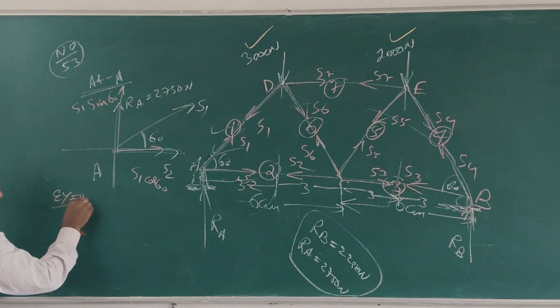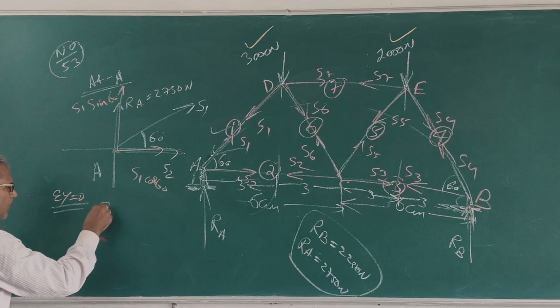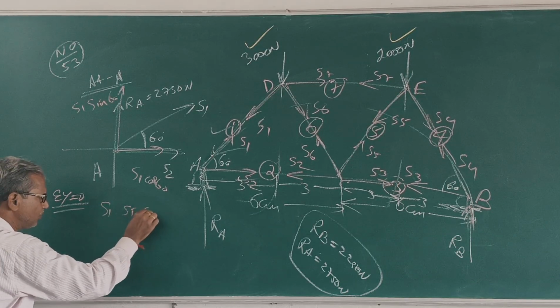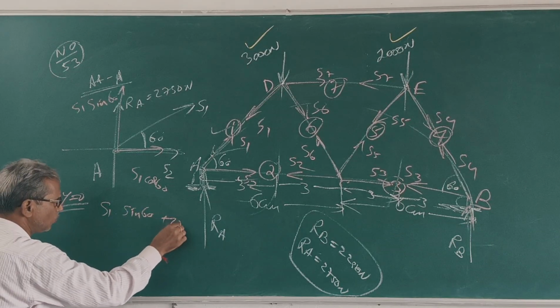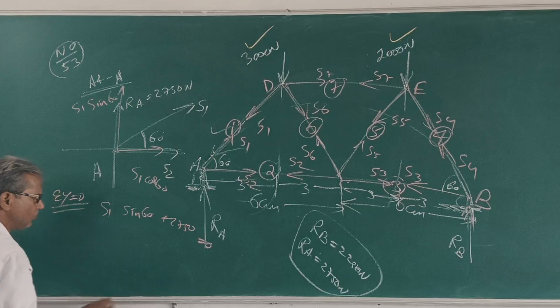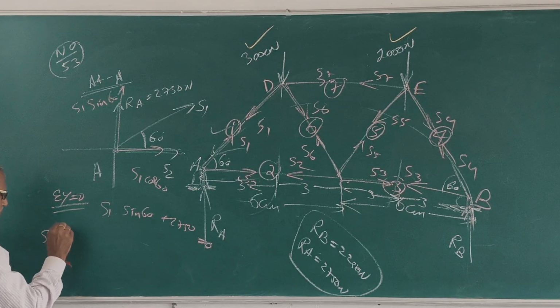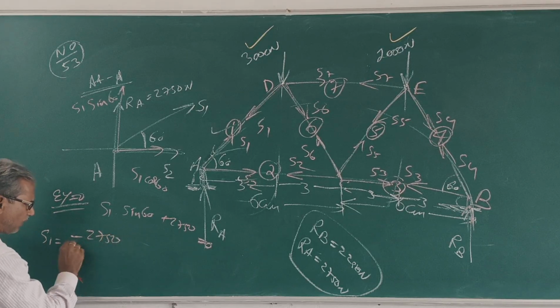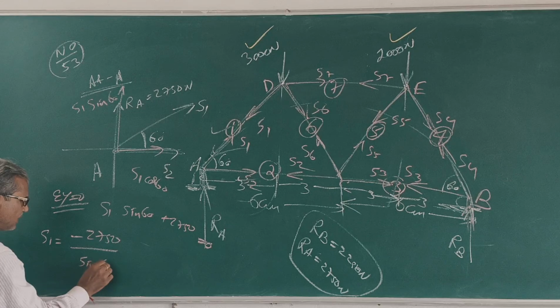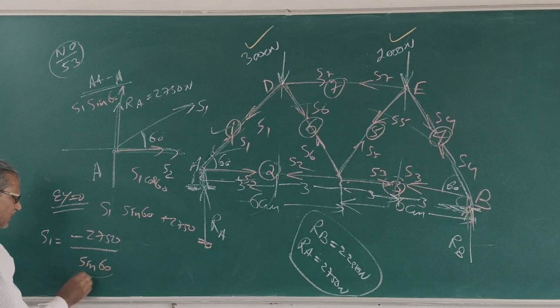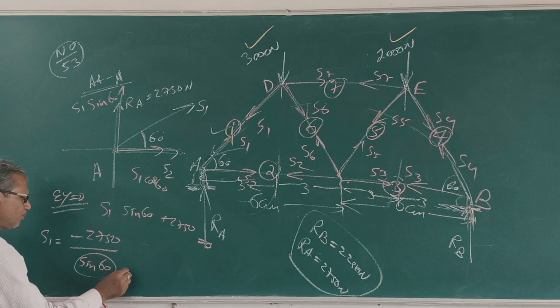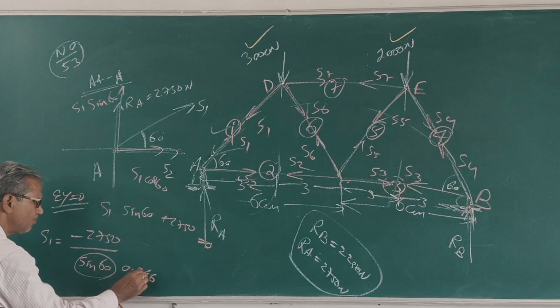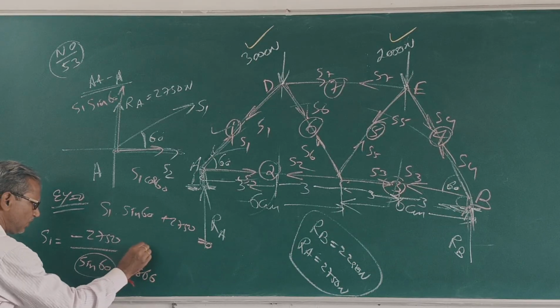So S1 sin 60 plus 2 sin 50 is equal to 0. What is S1 equal to? Minus 2 sin 50 by sin 60. Clear? What is sin 60? 0.866.